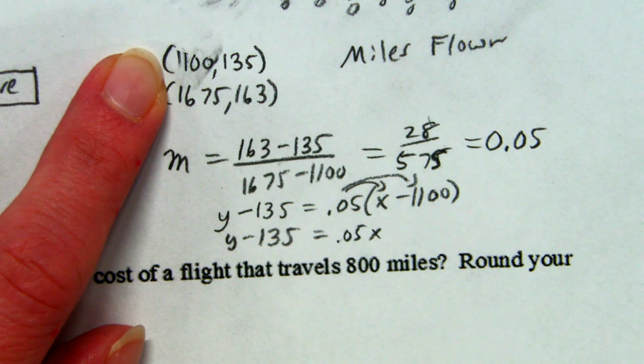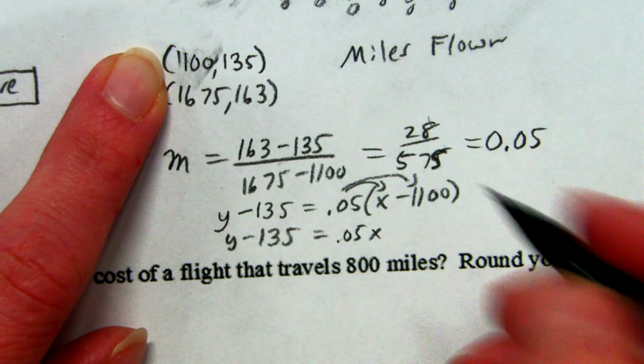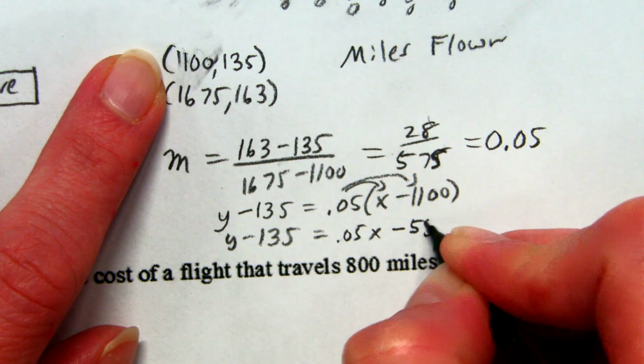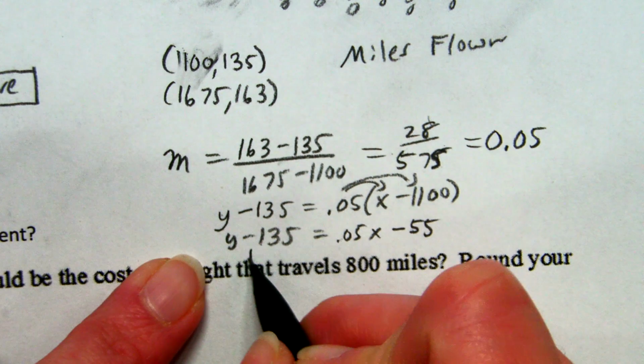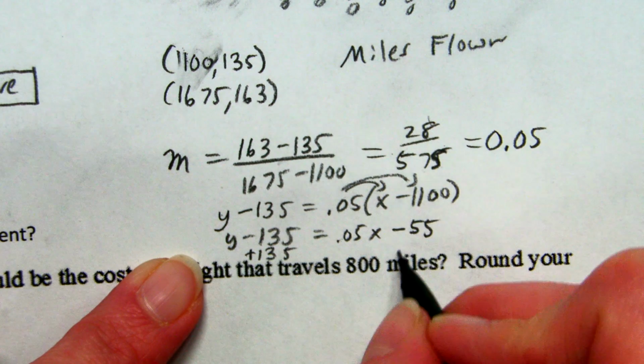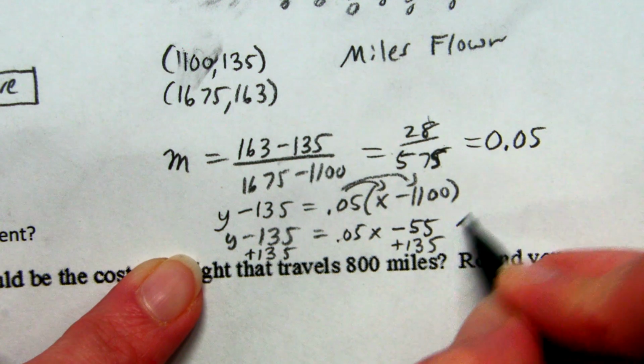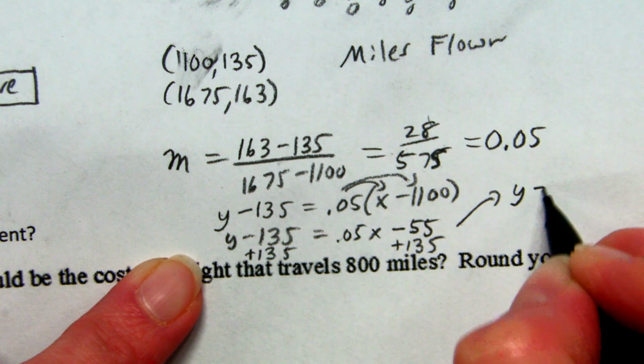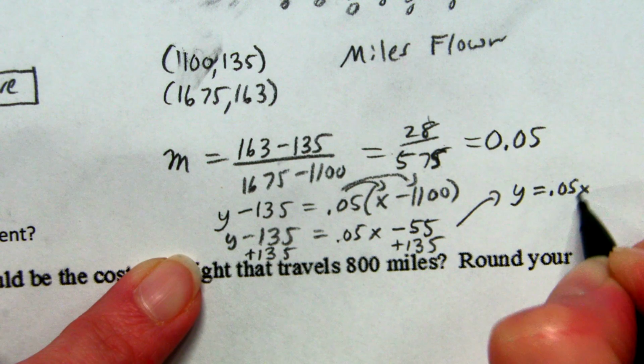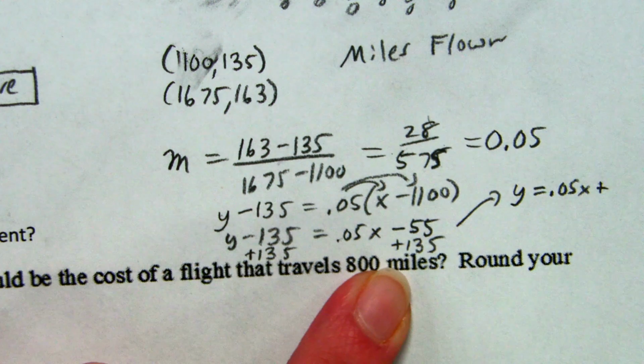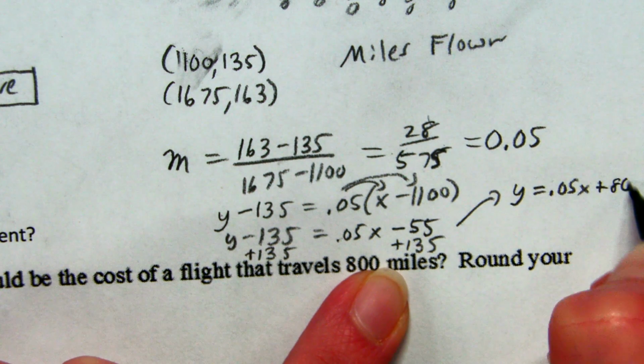I'm going to take 0.05 times 1100, and we get minus 55 over here, and then we're going to solve for y. So add 135, add 135, we'll get y equals 0.05x plus 80. Just double checking my work.